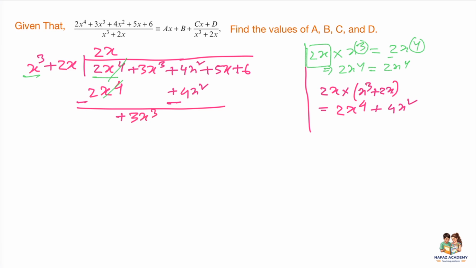So 3x cube plus 4x square minus 4x square, it is cancel out. Since it is subtraction, I change the sign. Okay, now bring down the 5x and plus 6.